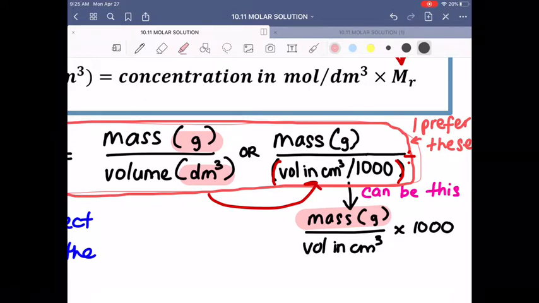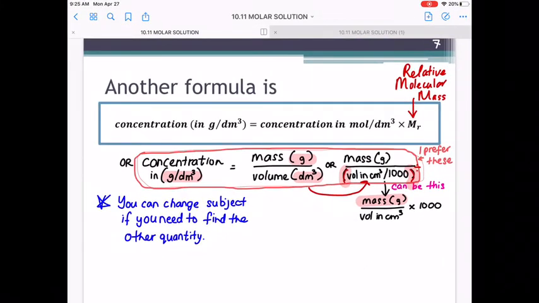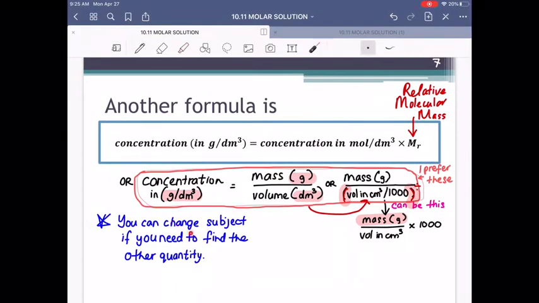If you want to use the divide, make sure you put the bracket here. So I have explained the formulas displayed in your notes. You may change the subject whenever you need to find another quantity.